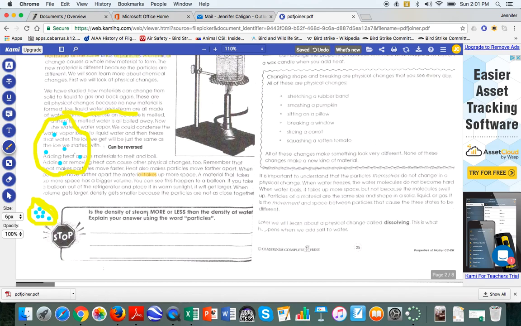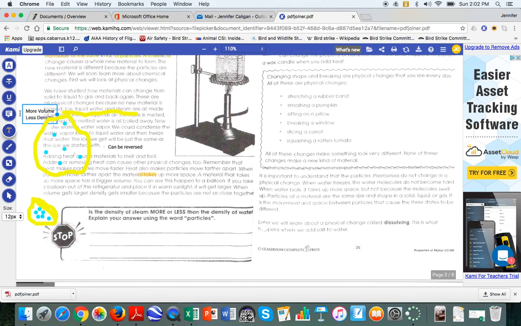So the thing to remember about this last paragraph is when it takes up more space, it has more volume. So up here I'm just going to put more volume, and it has less density.